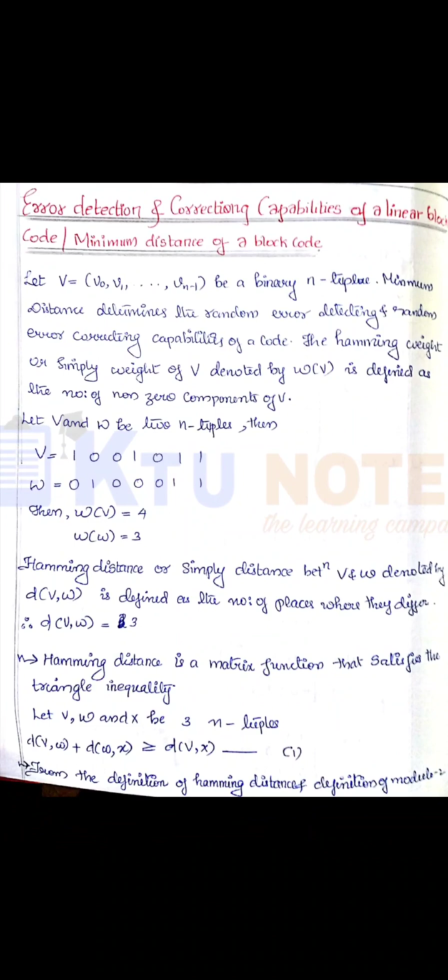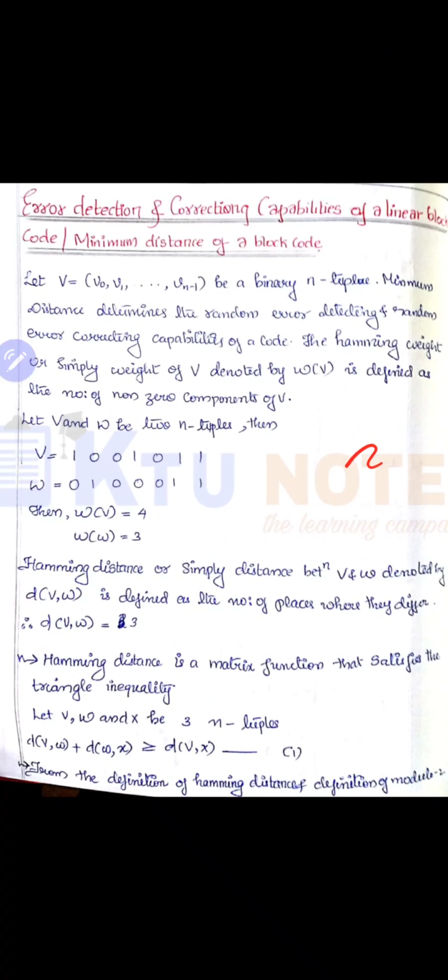Let V, W and X be three tuples, that is, three code words. Then the distance between V comma W, plus the distance between W comma X, is greater than or equal to the distance between V comma X. By adding this distance and this distance, we get a value greater than this distance. So this is the triangle inequality.